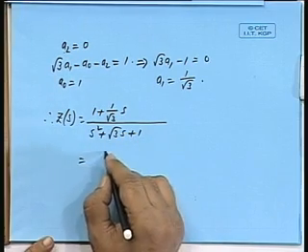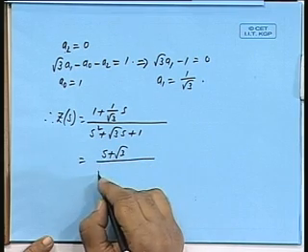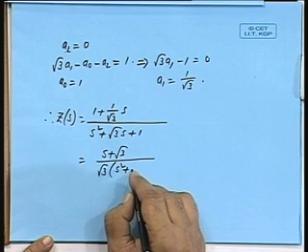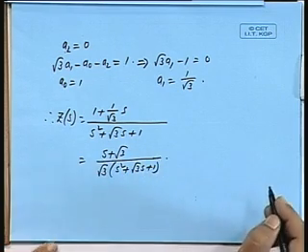That gives me (s plus root 3) divided by root 3 into (s squared plus root 3 s plus 1). This is Z(s).